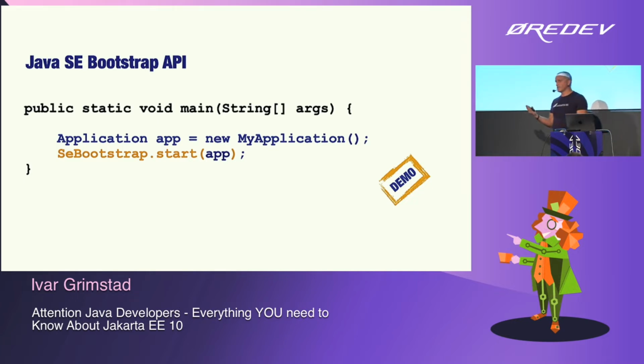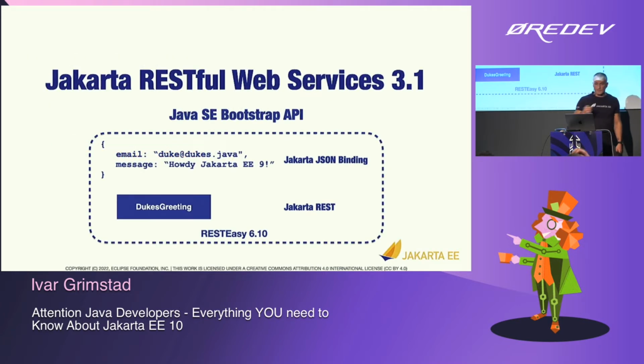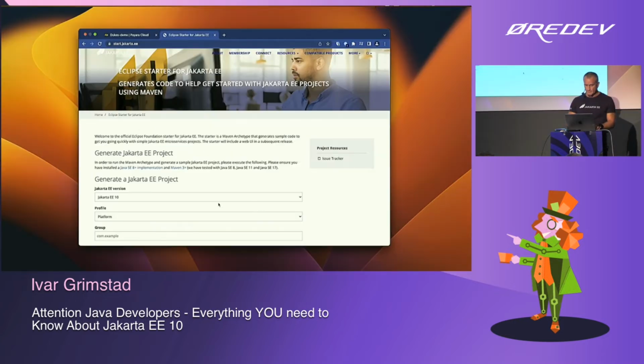And that means that you can run a Jakarta REST application without an application server, and just package it in a WAR and run it with java -jar. And I'll demo this, and what I'm doing here is I'm using a RESTEasy implementation with Jakarta REST, and I'll produce a JSON binding or a JSON output with Jakarta REST.